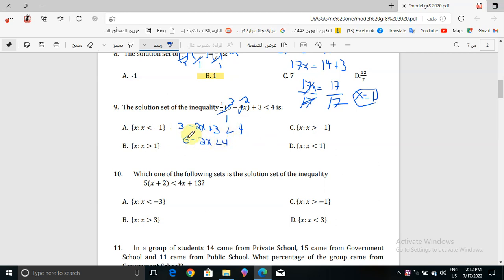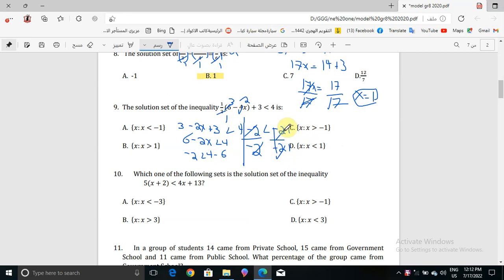Then here it will be 3 plus 3, it will be 6 minus 2x, which is less than 4. Then shift 6 to 4, that means it will be negative 2x less than 4 minus 6. So that means here negative 2x less than negative 2. Then divide both sides by negative 2. So cut negative 2 by negative 2, and here negative by negative, so that means here by 1 and here by 1.